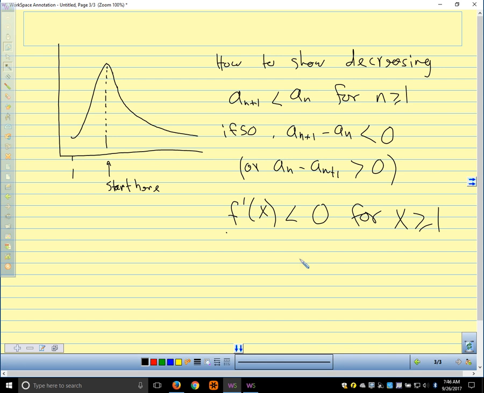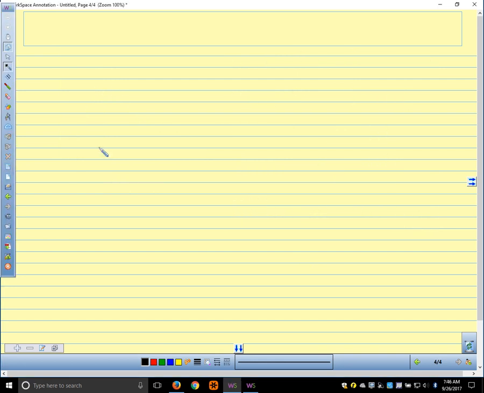All right. Let's look, I just want to go through an example. And this is nice because we'll get to remember how to do improper integrals.